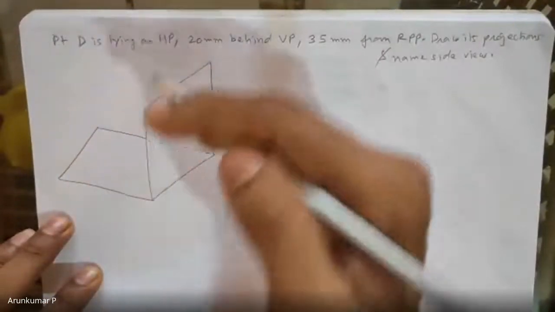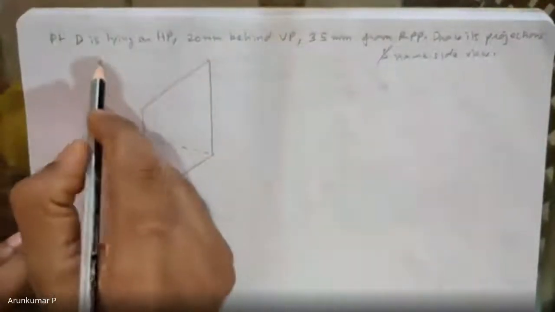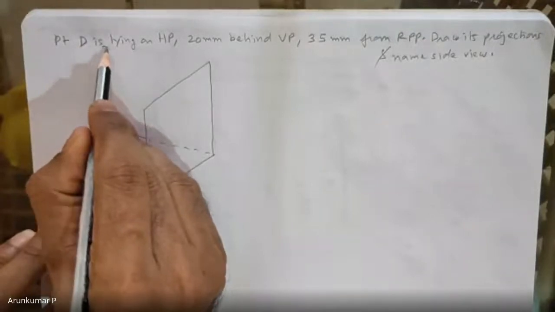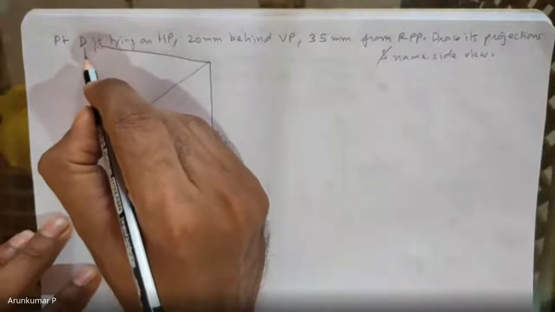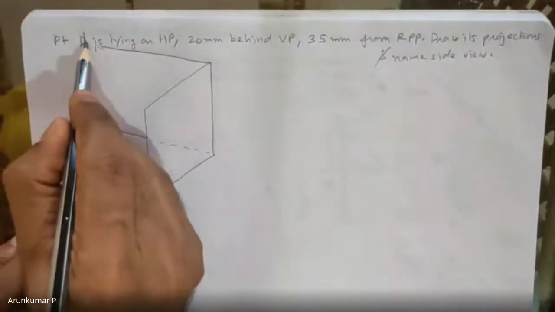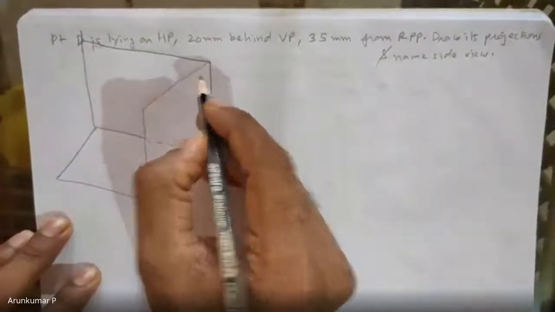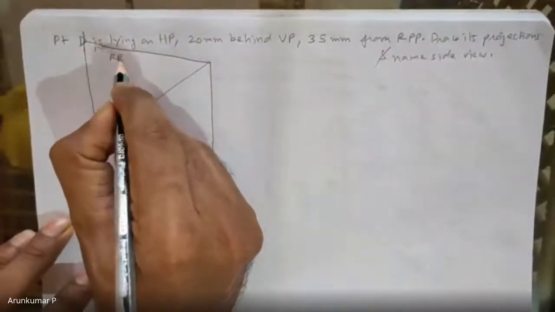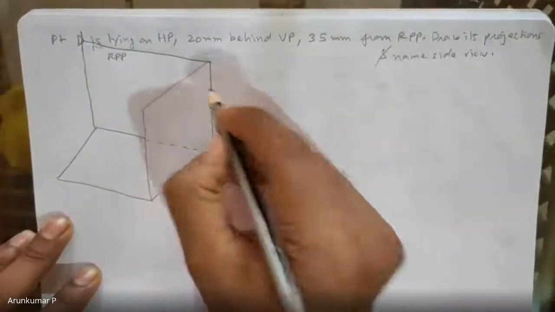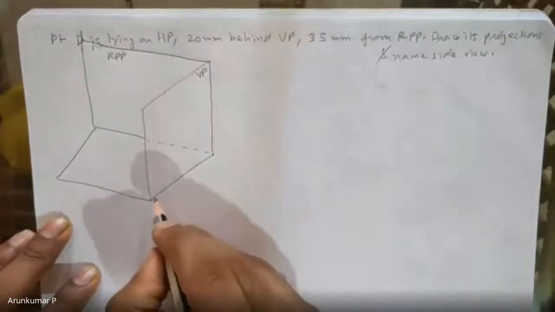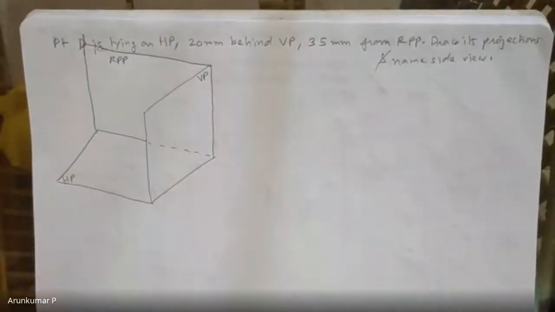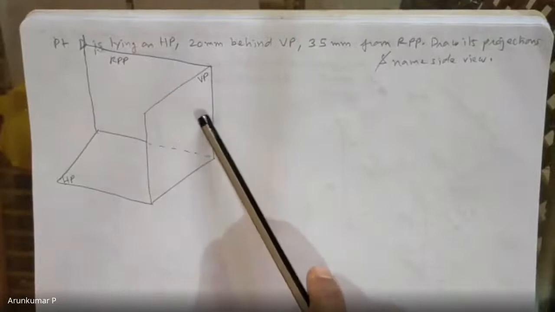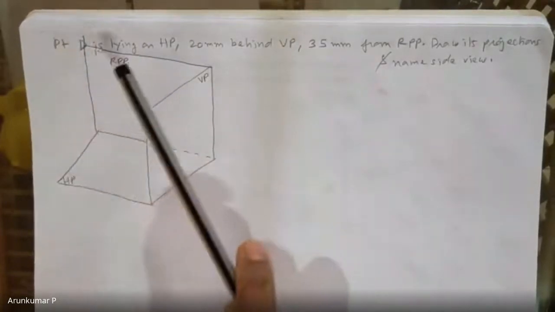And then we are dealing with the RPP, right profile plane. So this is RPP. So this is the right profile plane. This is the vertical plane. And this is the horizontal plane. So VP, HP, RP.